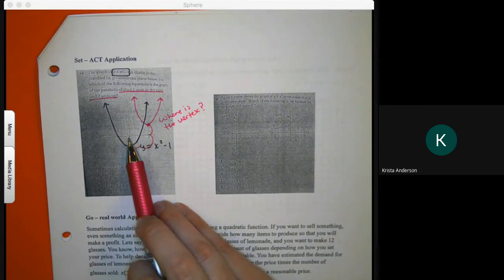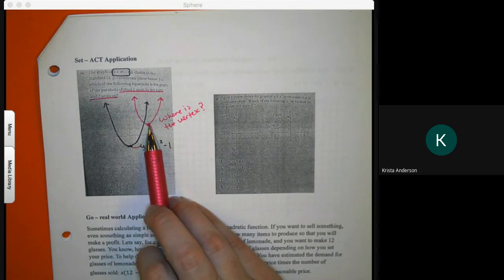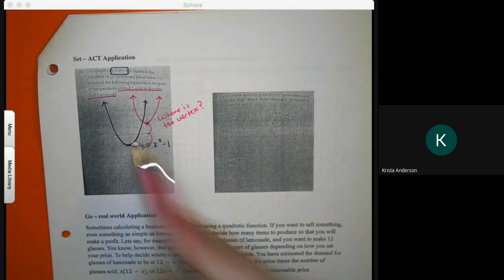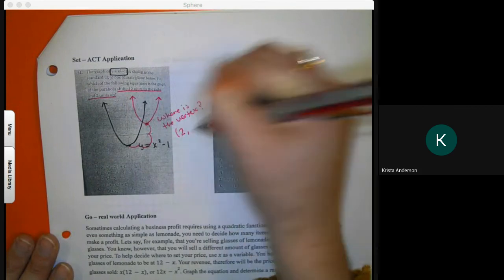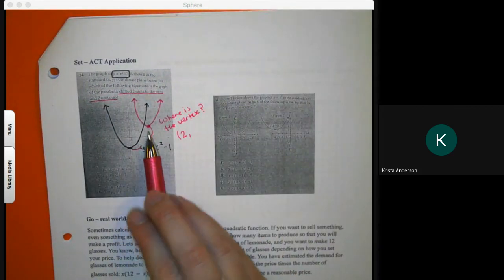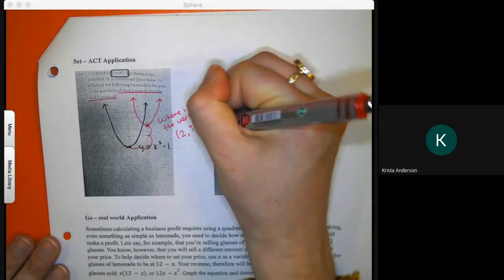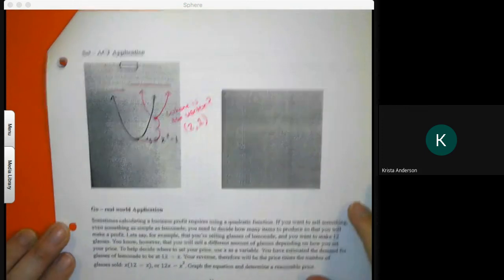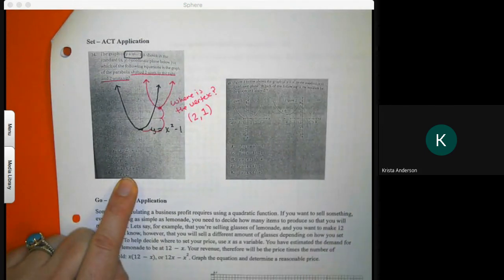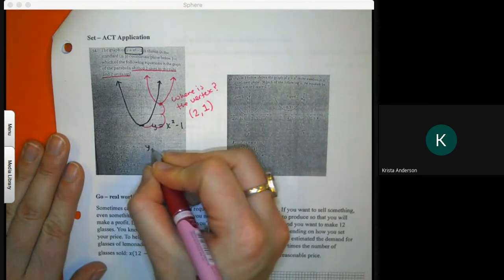The grid would be, yep, 2 to the right, 2 comma, from this 0 line, how far up is it? 1. Down here, the equations, I'll rewrite them.